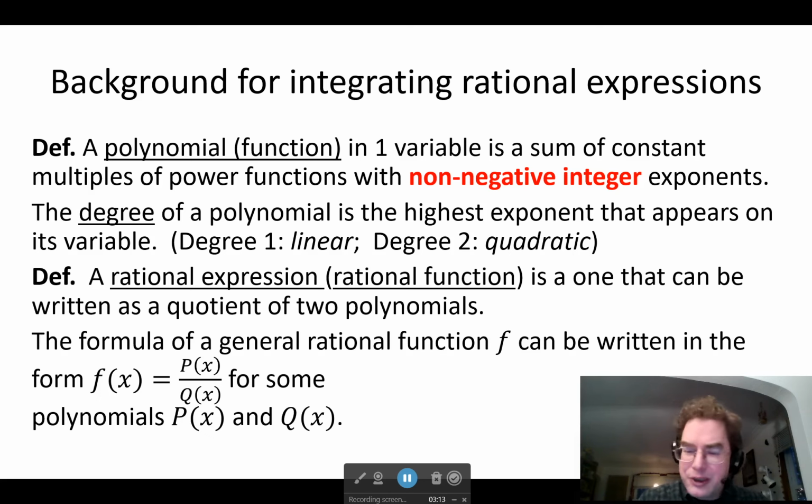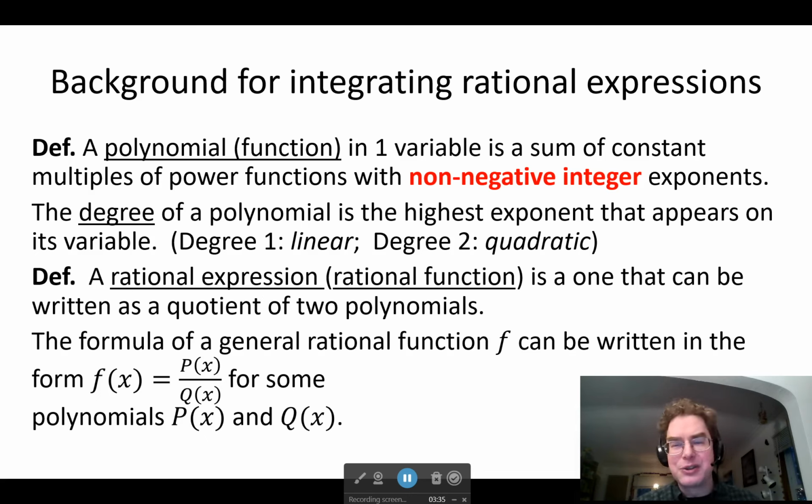And with a few caveats, we can integrate rational functions. There is some aspect of, in theory, we can do this. In practice, there are some difficulties that can arise. But in many, many cases, the kinds of cases we'll come across, we are able to integrate rational functions.